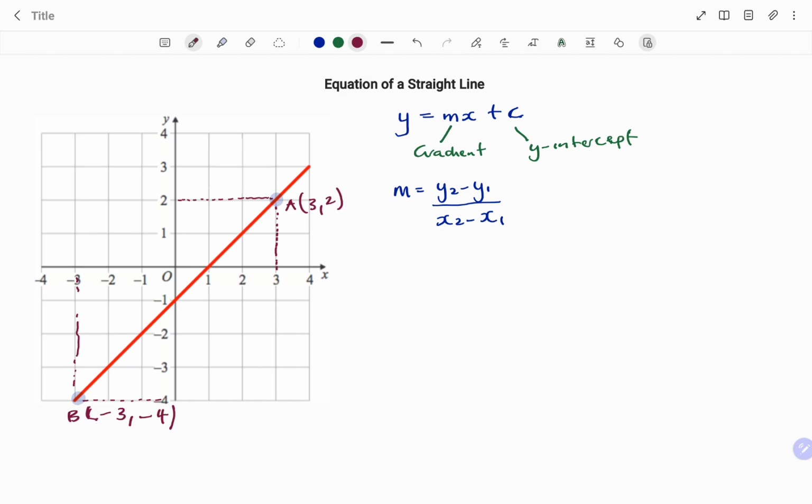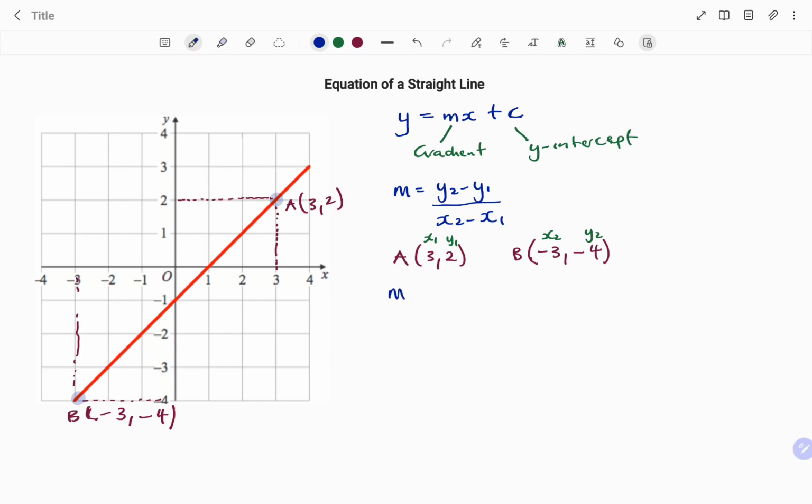So my 2 points are A, 3 and 2, and B, minus 3, minus 4. To find the gradient of these 2 points, that is how steep the line is, I'm going to start by tagging my points. This is my x1, y1, x2, y2.